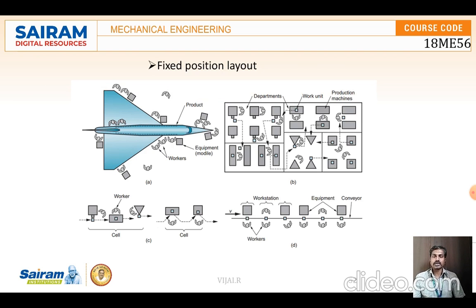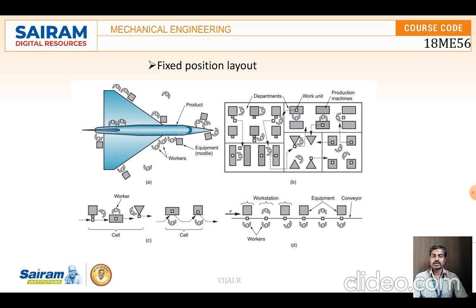Another one is the fixed position layout. There the product is not moving anywhere; the workers and the machines come and work near that area. The layout is fixed, where the component, the building, or the machine we are going to build is, and you have to come and work there, like a satellite or aerospace, an aeroplane, or shipbuilding. Since the product is a bigger one, it stays in one position, and the workers and machines are brought together to work in that fixed area.